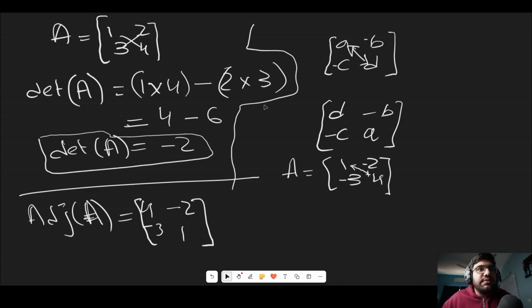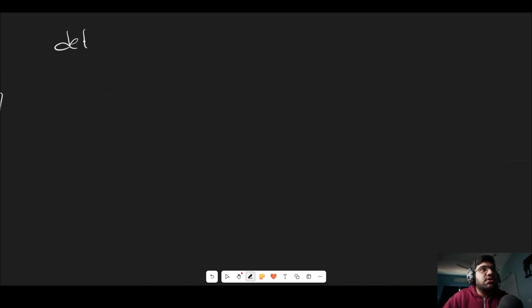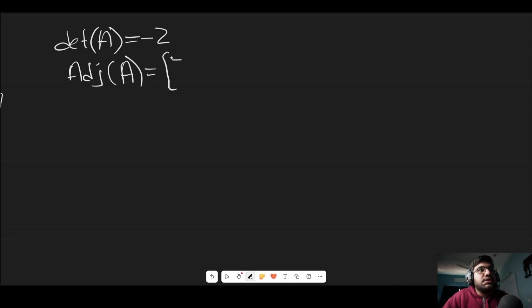Now, again, the formula: 1 over the determinant multiplied by the adjoint. The determinant of matrix A was equal to minus 2, right? Minus 2, and the adjoint was 4, minus 2, minus 3 and 1.